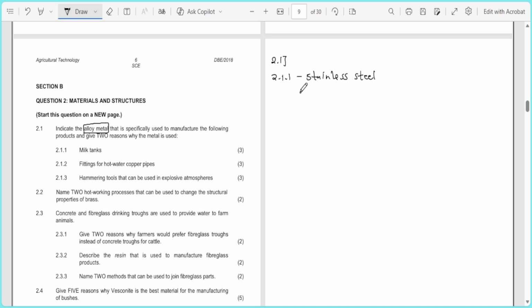Now for the reasons, there are several reasons, but since they are asking us to provide 2 reasons as to why the metal is used, I'm going to provide 2 reasons. The first reason is that it's corrosion resistant.